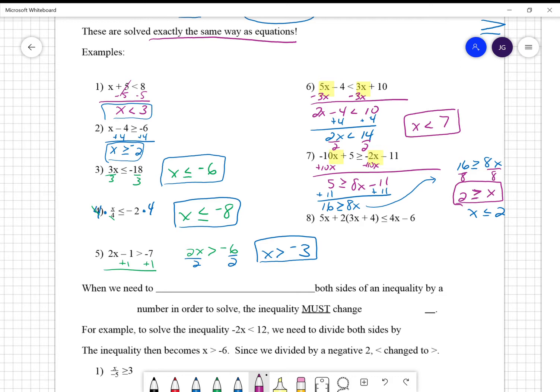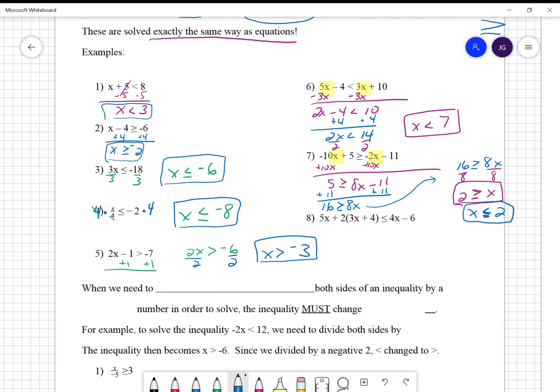If I move x to the other side, my inequality still has to point to the x. So if 2 is bigger than or equal to x, that says the same thing as x is less than or equal to 2. Writing it with a variable on the left will make it easier to graph. I'll repeat that when we get to the graphing.